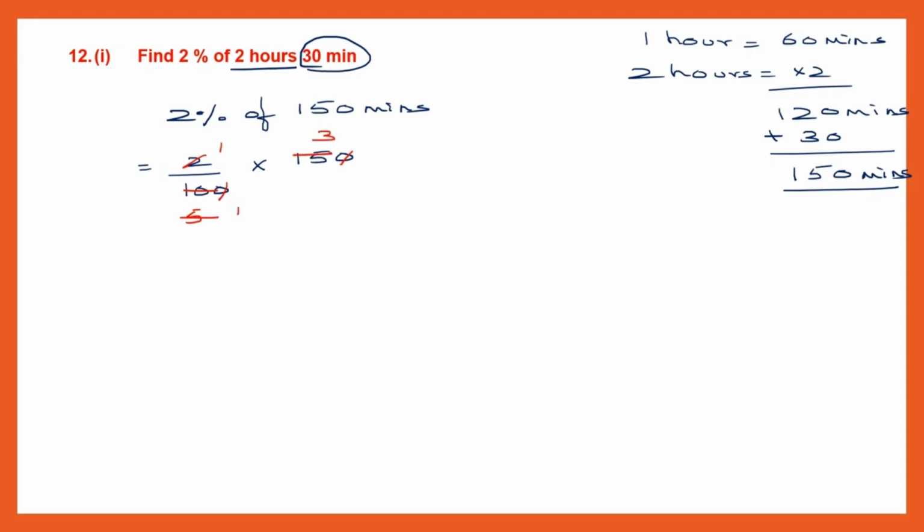So what do we have in the numerator? 1 into 3, so 3. In the denominator we have only 1. So the answer is 3. Now what is the unit? The unit will be minutes because we are asked to find 2% of 150 minutes. So the answer is 3 minutes. This is our final answer.